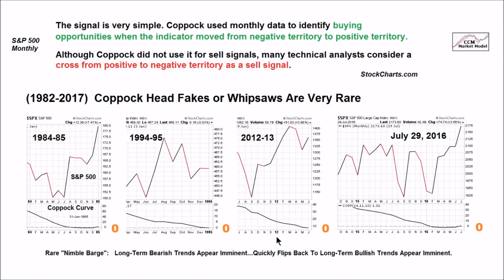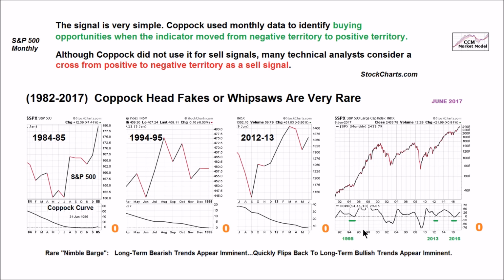Another analysis that pointed to similarities between the present day and 1994 and 1995 was published in January of 2017. It also uses somewhat of a sleepy indicator in the Coppock curve here. If we look at the monthly Coppock curve from a longer term perspective, you can see here's one of those rare moves. It comes down and holds near the center line.